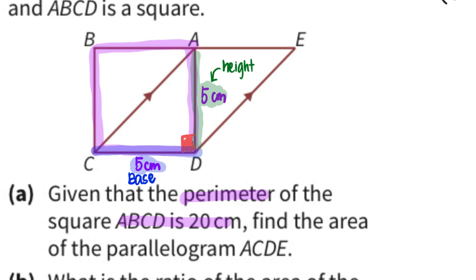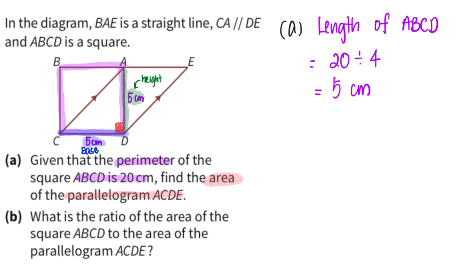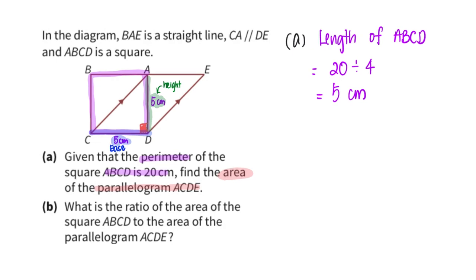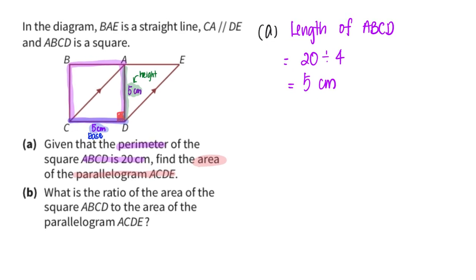And with this, I would be able to find the area of this parallelogram very easily. It is simply 5 times 5, base times height, where base and height are perpendicular to each other.